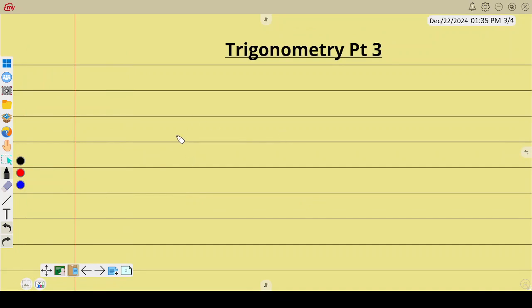So we start with the common ones which we have been looking at. We have cos theta, we have sin theta, and we have tan theta. These are the three trig ratios we have.